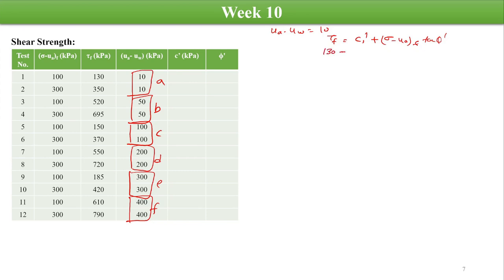Those will be 130 is equal to c1 dash, which is unknown, plus sigma minus ua which is 100, tan phi dash, which is unknown. So this will be equation 1. Then the second equation will be 350 is equal to c1 dash plus 300 tan phi dash. This will be equation 2.